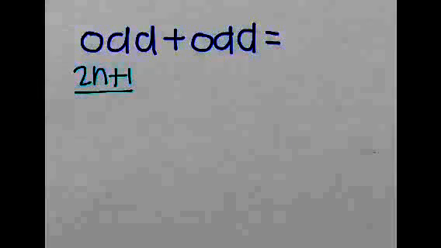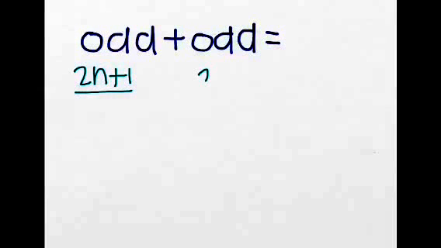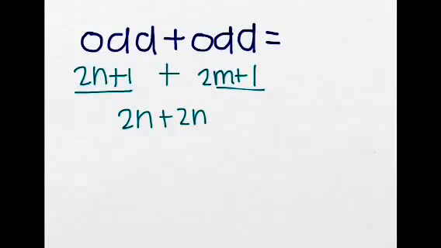So let's say odd number 1 is 2n plus 1, and odd number 2 is 2m plus 1. If we add these together, we get 2n plus 2m plus 2. Realize I can factor out a 2 using the distributive property.